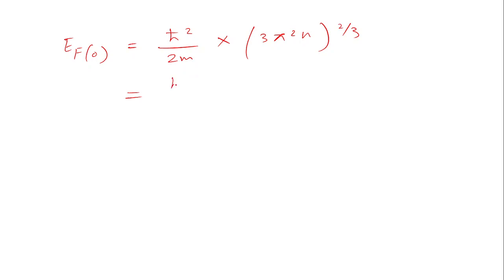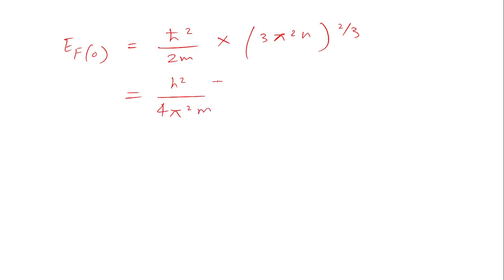Now to find out the Fermi energy, at 0 Kelvin, h bar square divided by 2m, 3 pi square n to the power 2 by 3. When I substitute n here and these other formulas, of course h bar I need to change, it will be 4 pi square n.